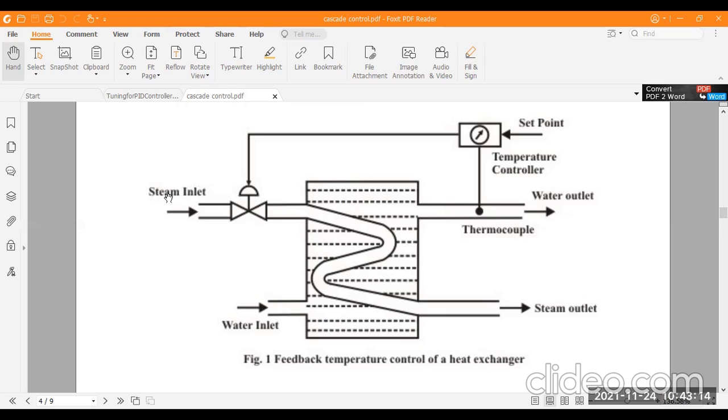This steam heats the water, and we control the steam inlet using this valve. This is the steam channel. Using this channel, the steam flows from the inlet to the outlet. This is the steam outlet.